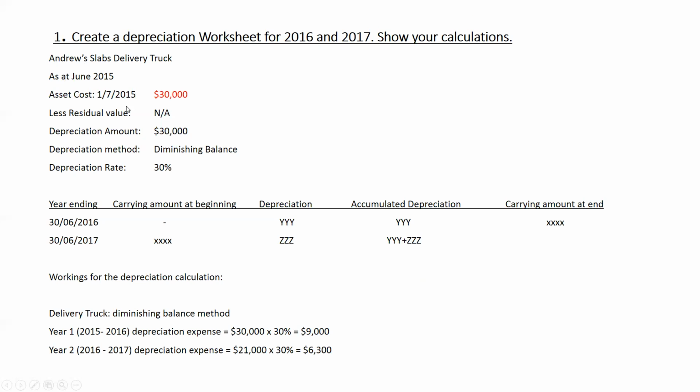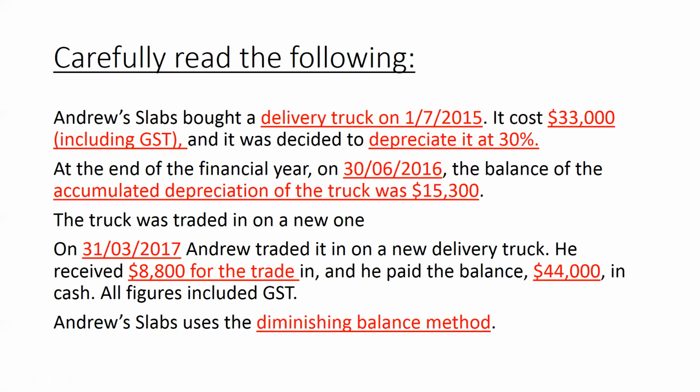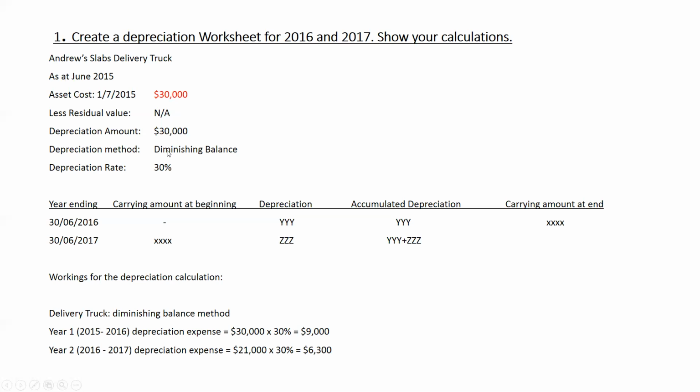As at 2015, the asset cost was 30K. Why 30K? Because in our math it was showing 33, but we have to reduce the GST. How to calculate the GST? I'm just giving you the answer, but you need to find out how to do this.